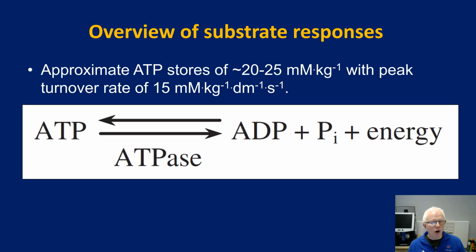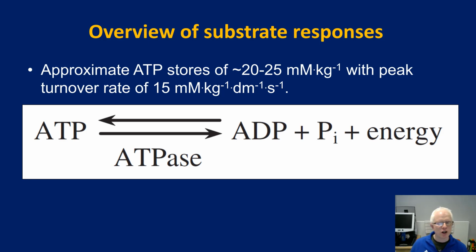But the issue that you've got is quite simply this. We've got ATP stores of around 20 to 25 millimoles per kilogram, and we can get a peak turnover rate of about 15 millimoles per kilogram per decimeter per second. It's a slightly different way of expressing the units to what we saw earlier on. But the fundamental thing is this.